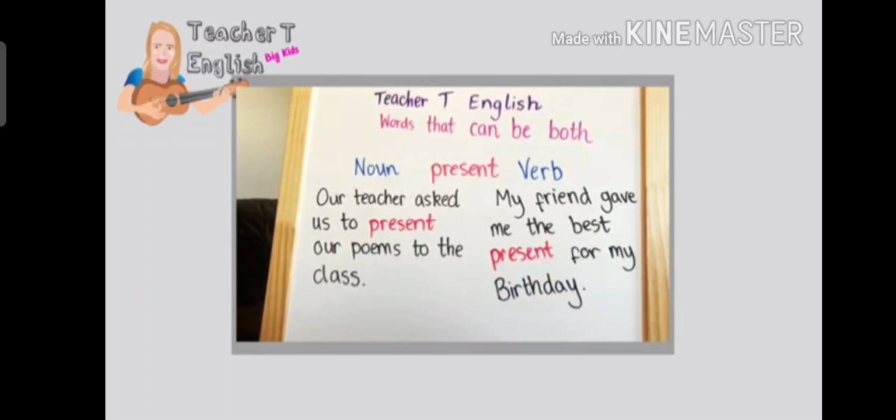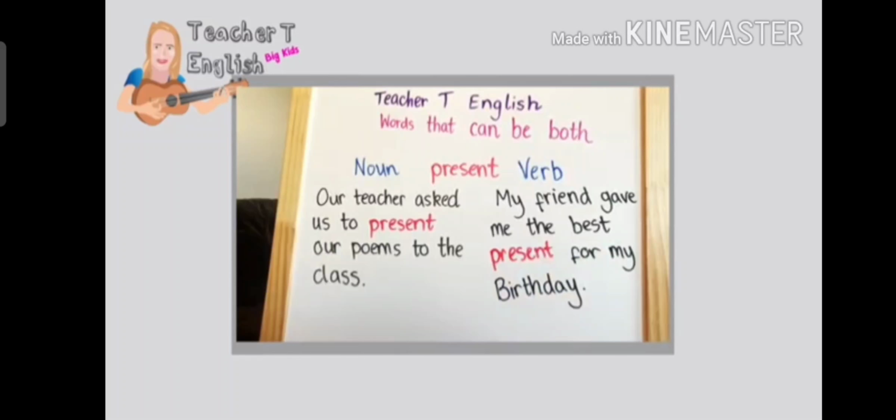Now we can write a new word to this word present, but it should be related to it. Here I have written best. So it became best present. What is it? It is a gift, what we are talking about. So gift will come under noun. It is a naming word. So your naming word is almost ready.